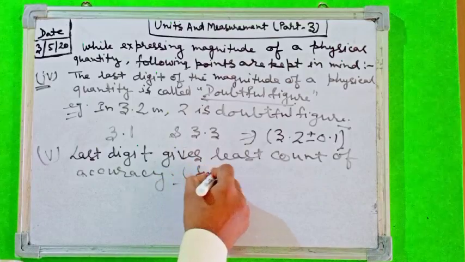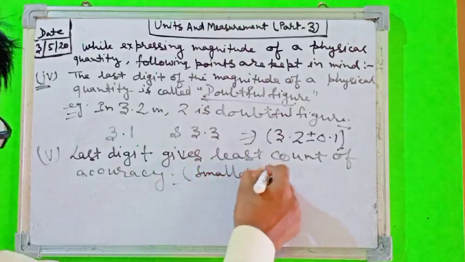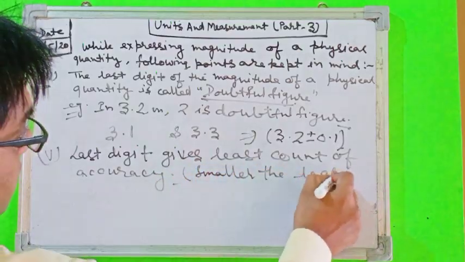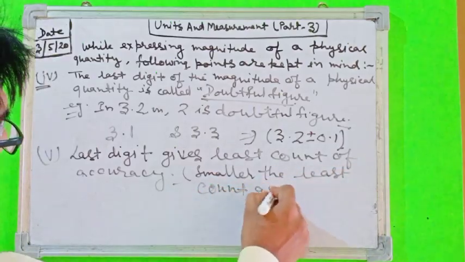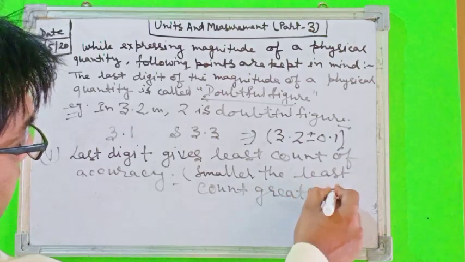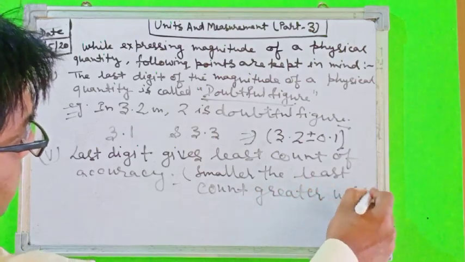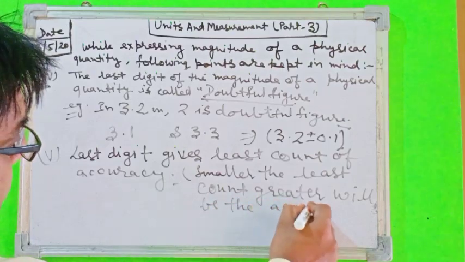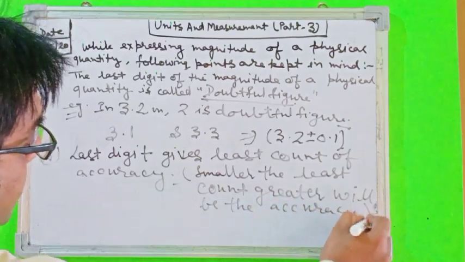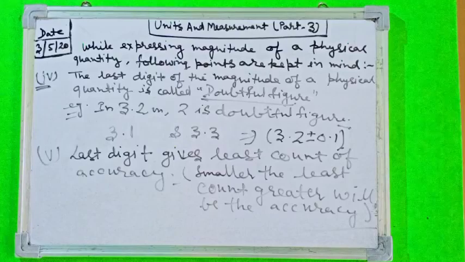The smaller the least count, the greater will be the accuracy.